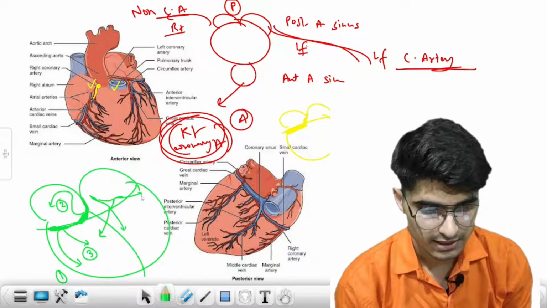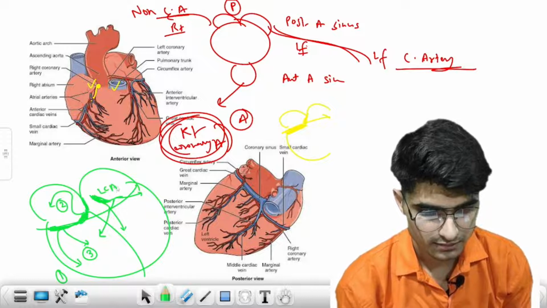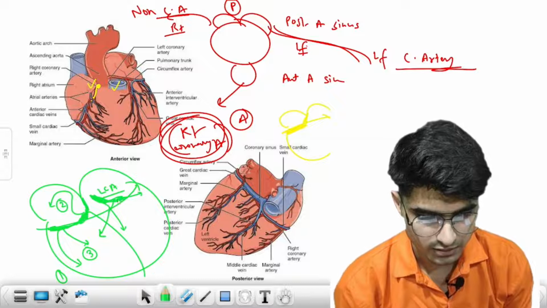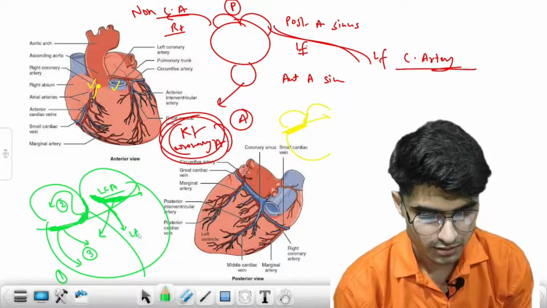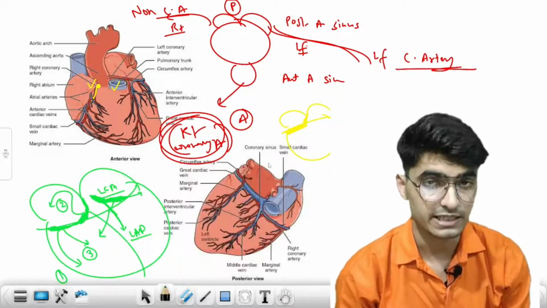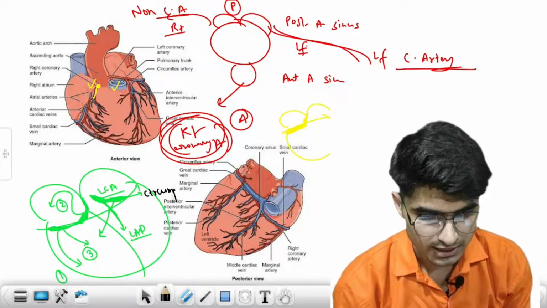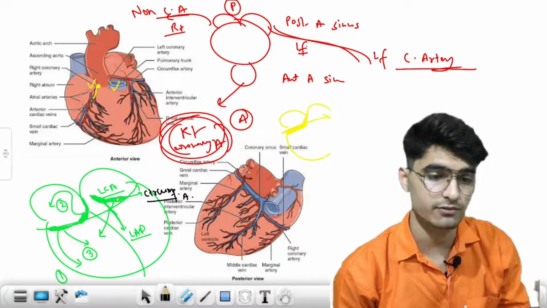So this is our left coronary artery, dividing into two branches. The first is the LAD, the left anterior descending branch or anterior interventricular branch, and the second branch is the left circumflex artery.